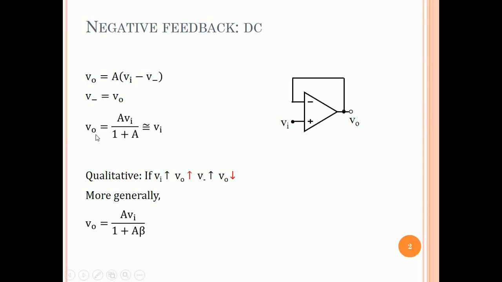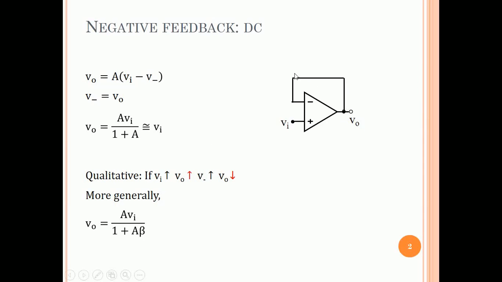Now let's look at the negative feedback of this system qualitatively. If VI increases, then because it's connected to the positive terminal, VO increases.